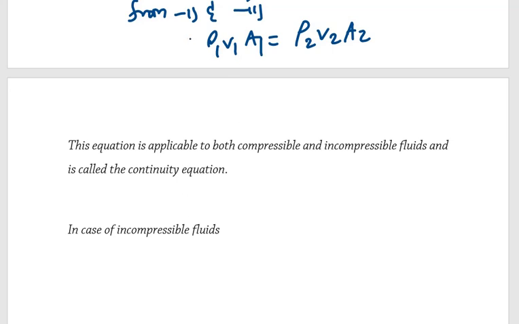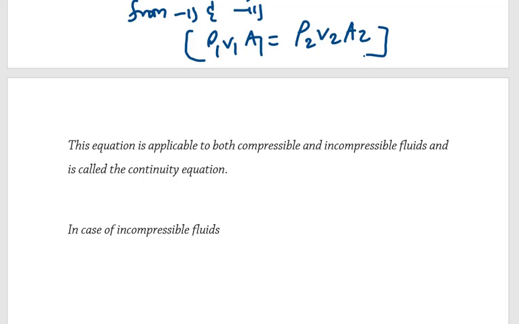This equation is what we call the continuity equation, and it is applicable to both compressible and incompressible fluids.